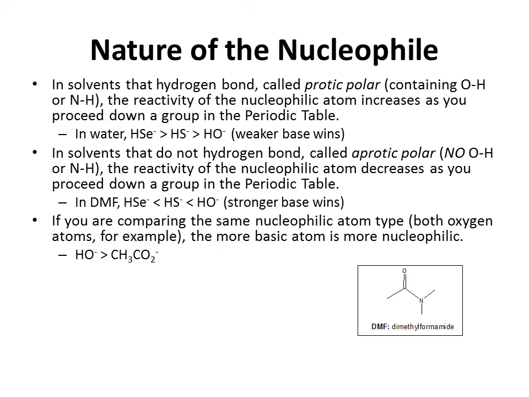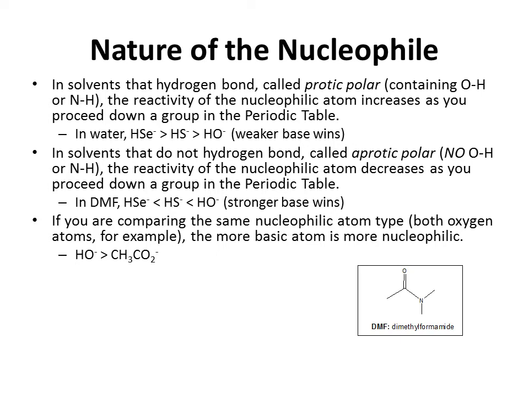It doesn't hydrogen bond. Now HSe- is the least nucleophilic of the three from the same group, and then HS- is more nucleophilic than HSe-, and the most nucleophilic is hydroxide, which is in this case now the smallest of the nucleophilic atoms in the series.